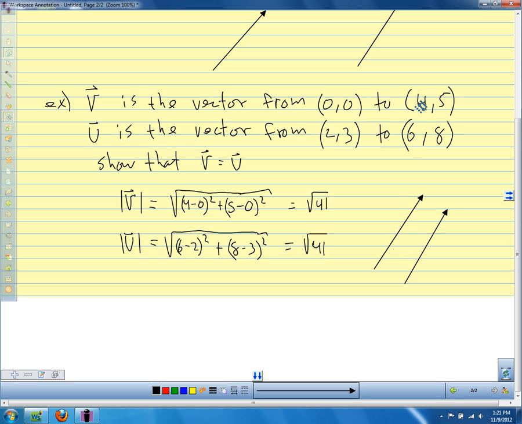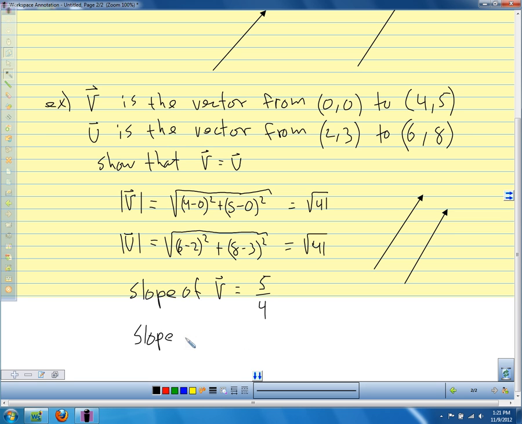So we can figure out the slope of the segment between these two points and see if they're the same. That would tell us if they're in the same direction. If they're going in the same direction, they're going to be parallel. The slope of v is the rise over the run, 5 minus 0 over 4 minus 0. The slope of v is 5/4.